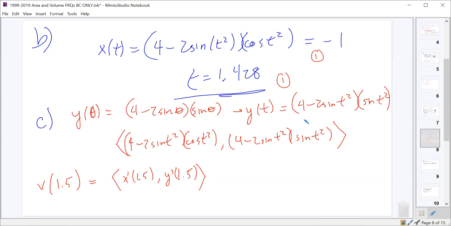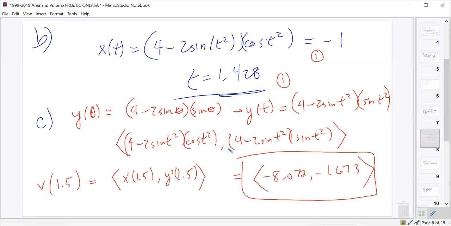It'll take the derivative of this and the derivative of this for you, evaluate them at 1.5, make sure you're in radians, of course, and you end up with -8.072, -1.673. And that part was also worth 3 points. 2 points for having the correct position vector and 1 point for the velocity vector. Any questions on that one?